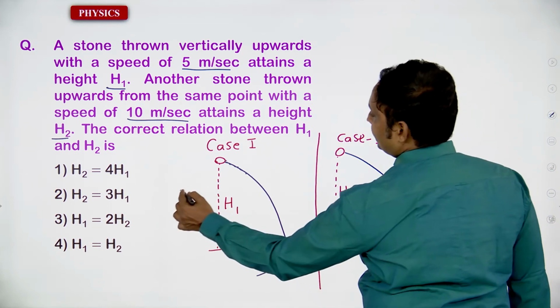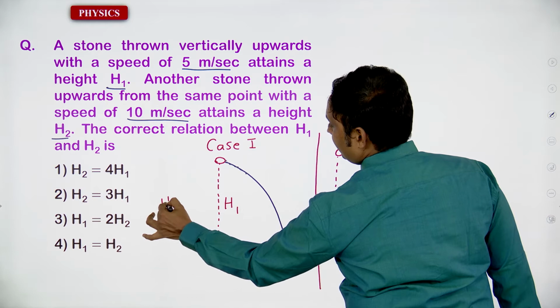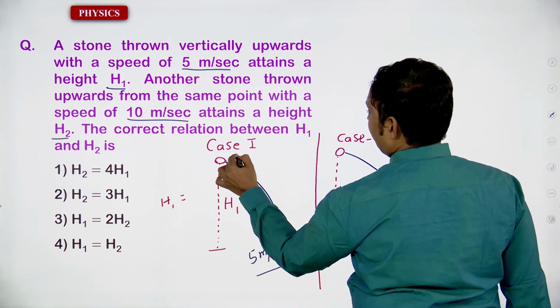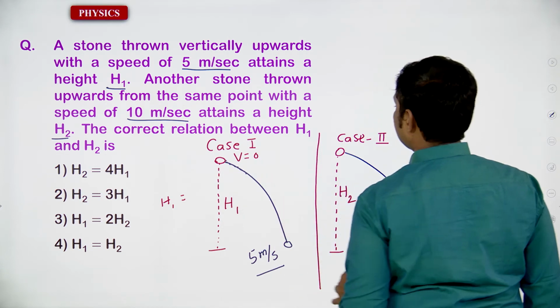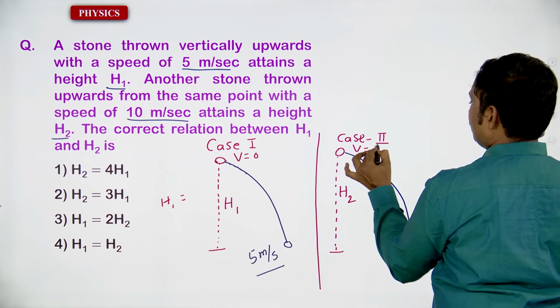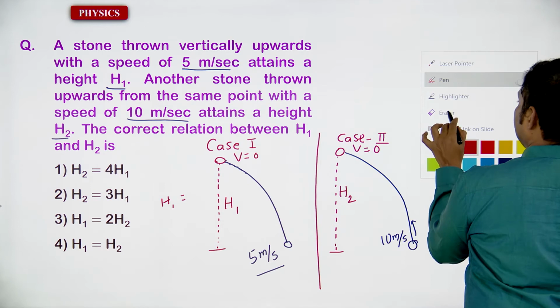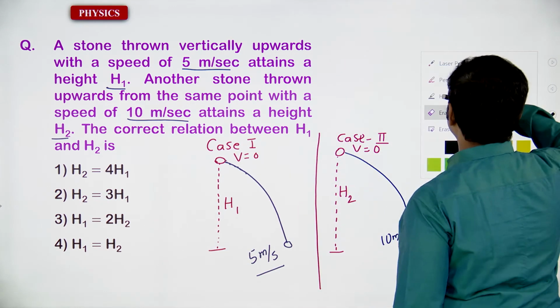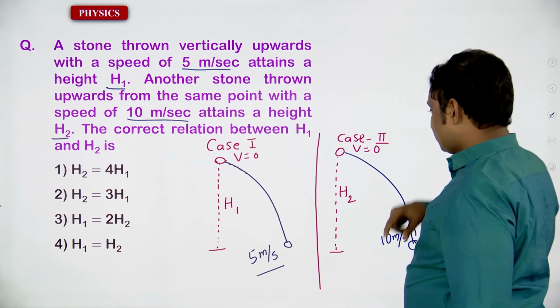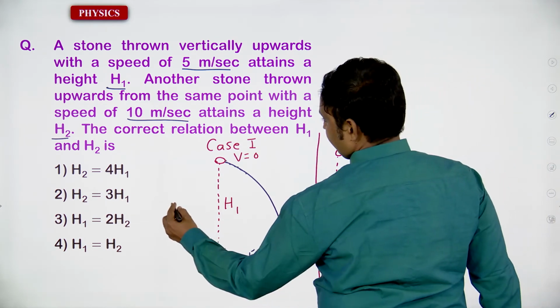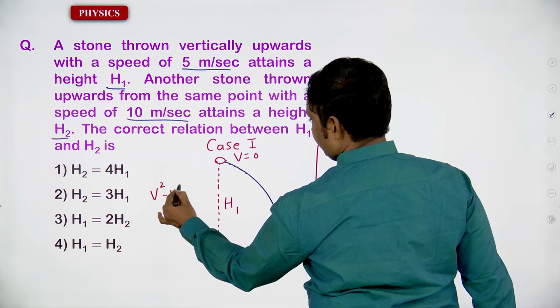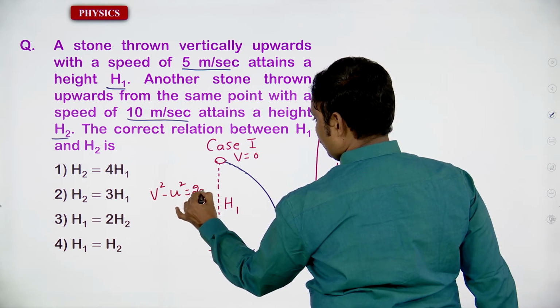So in this case, the final velocity is going to be 0, and here also the final velocity is going to be 0. Now if you apply the formula, you can easily solve the problem. From the basic equation, v square minus u square is equal to 2as.